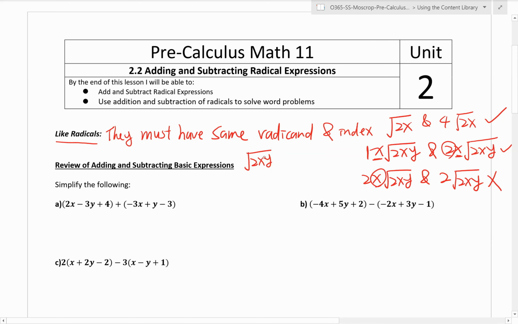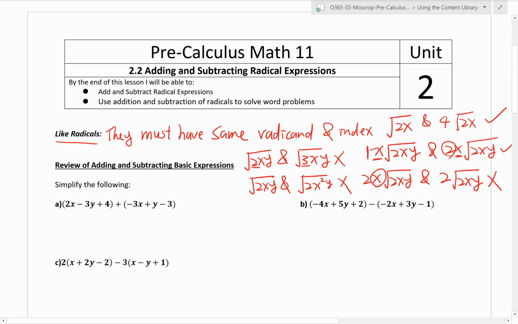Also, they are not like radicals. And let's say we have 3xy, right? They are not like radicals because the radicands are not the same. One's a 2, one's a 3. These two will also not be like radicals. Let's say 2x squared y, right? That's an x, that's x squared. So they are not like radicals.